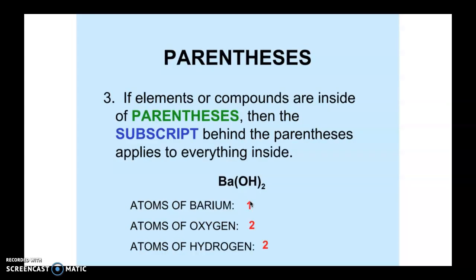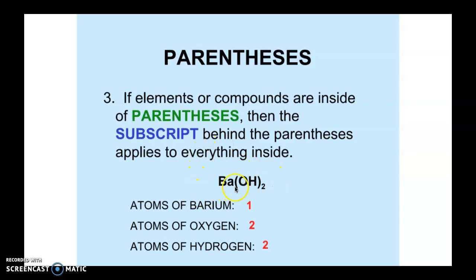And then the next thing you might see is parentheses. Here we have 3 different types of elements. We have barium, which is Ba. It's only 1 because I only see 1 capital letter and the a is lowercase. We have oxygen and we have hydrogen. Now, when you see parentheses, just like in math, you're multiplying out everything inside these parentheses.